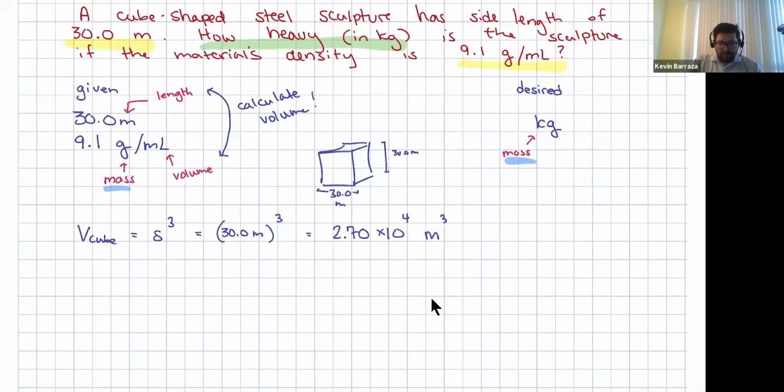Now we're going to start doing our conversions. So I'll rewrite the number, 2.70 times 10 to the 4 cubic meters. Now I need to convert it using milliliter as my conversion factor. However, we can't cancel unless they match, so we need to get cubic meters into milliliters.